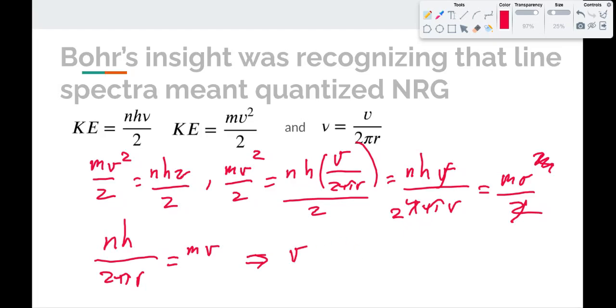So that means that velocity is n times h divided by 2 times pi times m times r. So r is the radius of the orbit, m is the mass of the electron, and h is Planck's constant, and n, remember, is that number that starts at 1 and goes up by whole numbers.